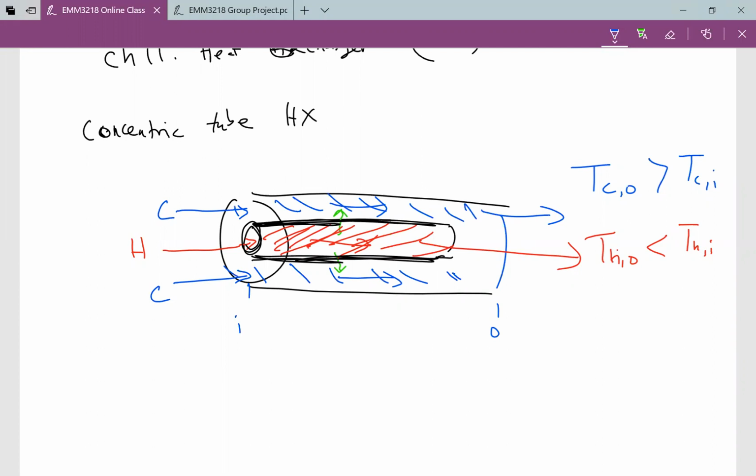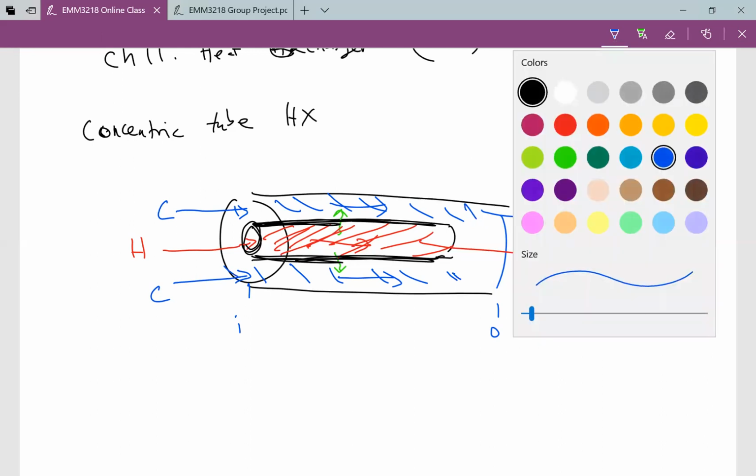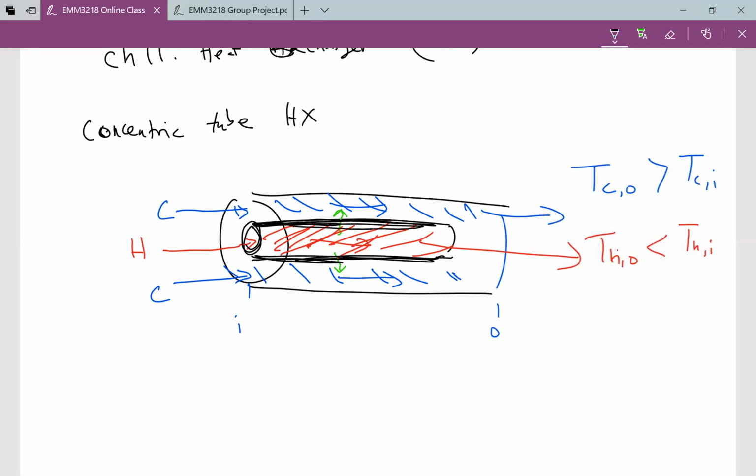The conduction across the solid depends a lot on the thickness of the tube. If it's a very thin tube, then you might as well neglect conduction. It's not that it does not occur, but it is not significant compared to the convection going on.